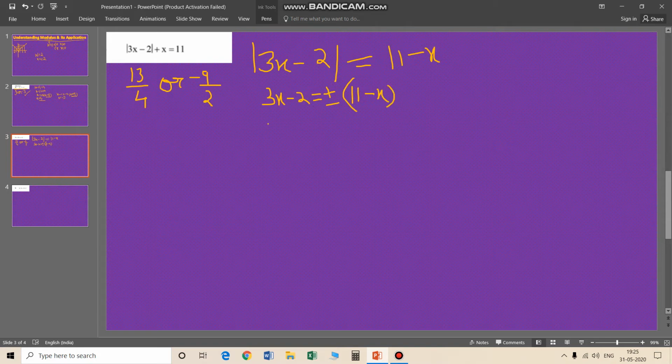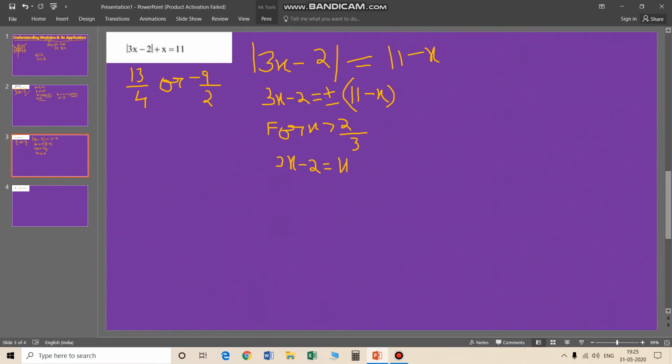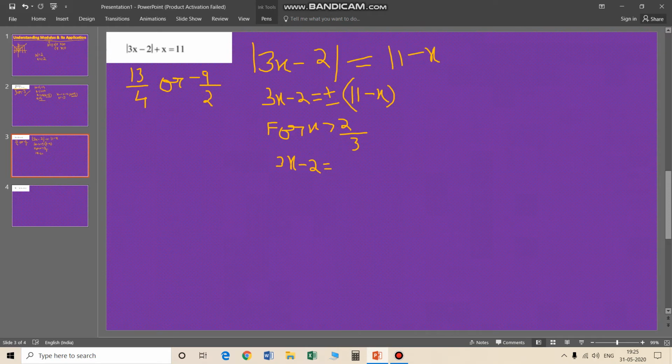For x greater than 3 by 2, sorry, not 3 by 2, it will be 2 by 3. For x greater than 2 by 3, 3x minus 2 will be equal to 11 minus x.